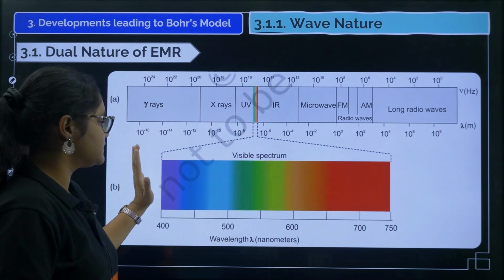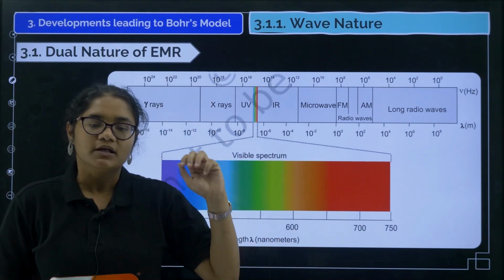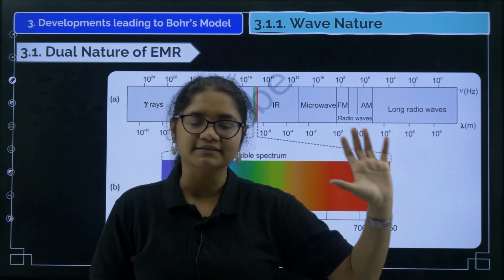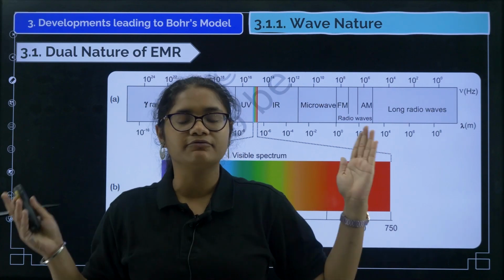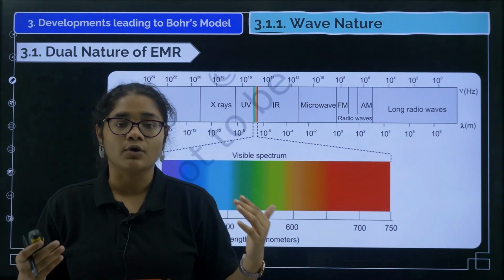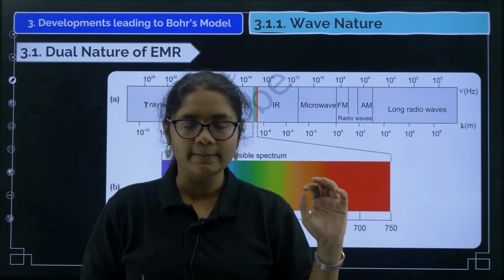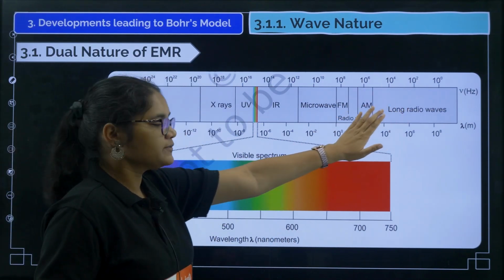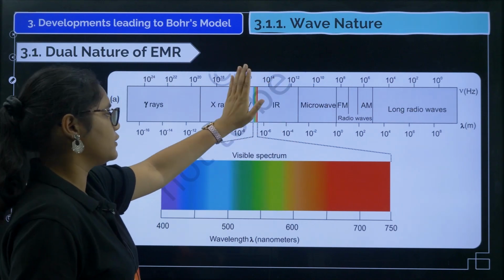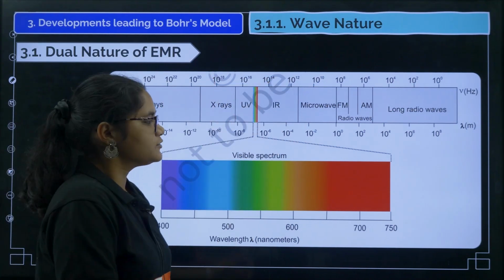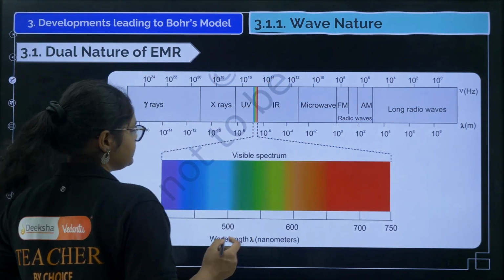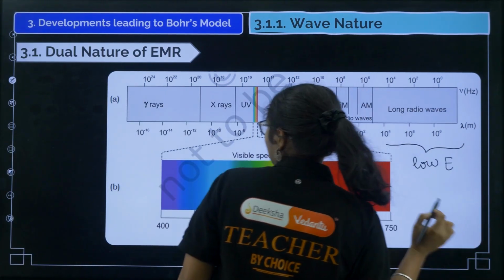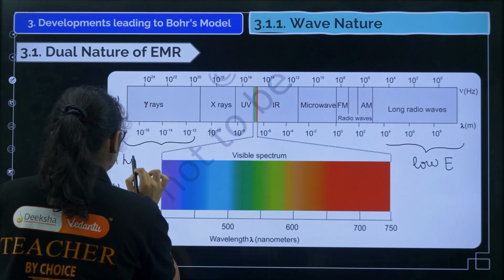Now, what is this electromagnetic spectrum? Electromagnetic radiations are of different wavelengths and different frequencies, and this collection of all types of electromagnetic radiations is called the electromagnetic spectrum. It is divided into radio waves, microwaves, infrared, visible, UV, X-ray and gamma. You have to remember that radio waves have low energy and gamma rays have high energy.